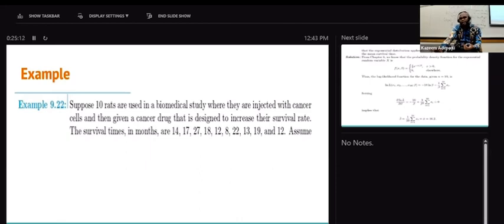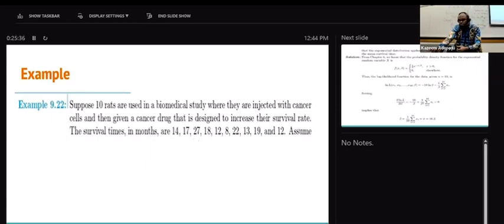When I talk about the anatomy, the organ of the rat and the man are not the same. That's anatomic consideration. But when you talk about physiological aspect, we talk about the functioning of the organs. Now, the survival time in months for those rats are this.